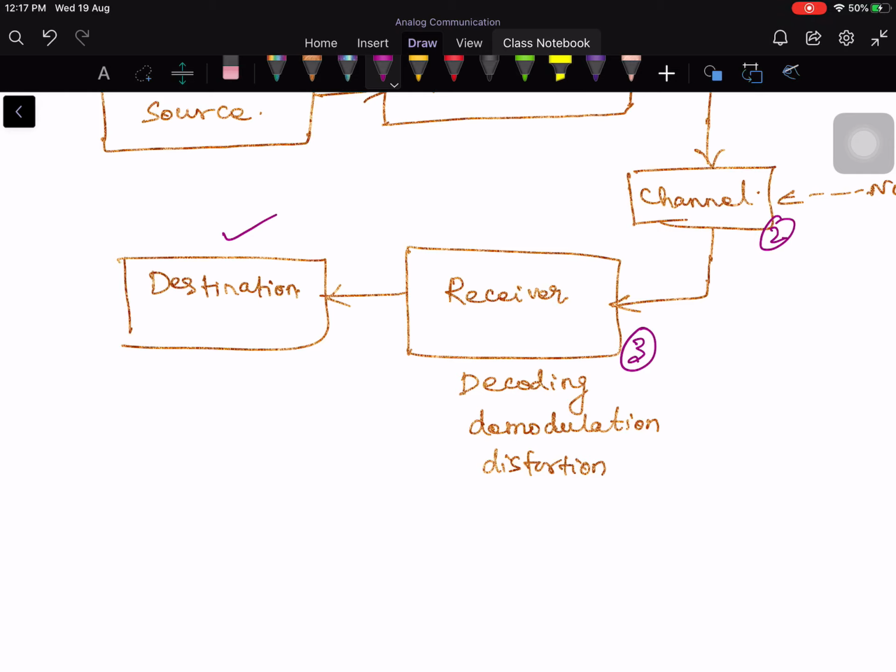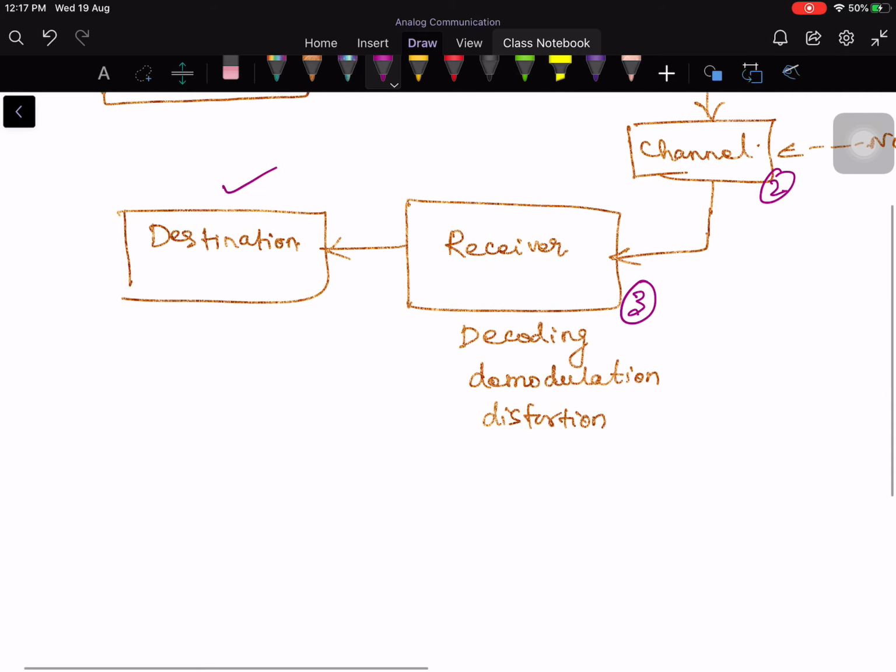In a sense, the transmitter matches the characteristics of the signal coming from the information source to the characteristics of the medium. Suppose you start to speak, you have a mic, and that mic gives a voice signal, and this voice signal I cannot transmit directly to the channel.